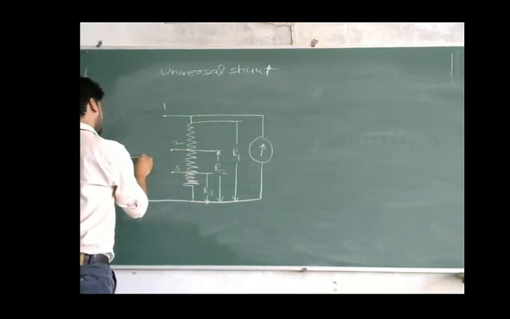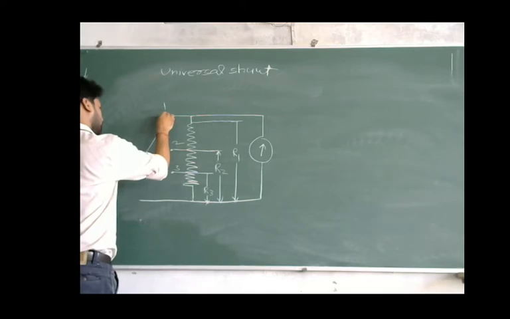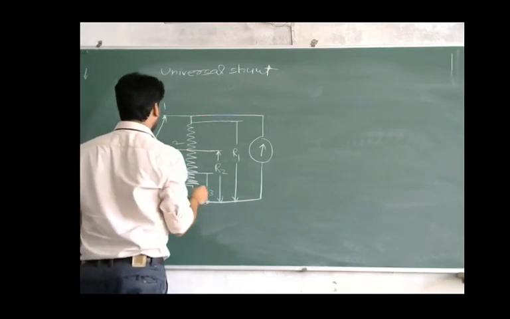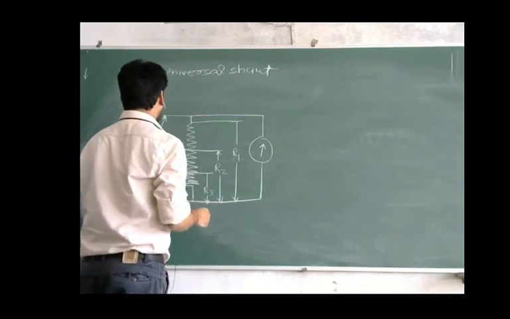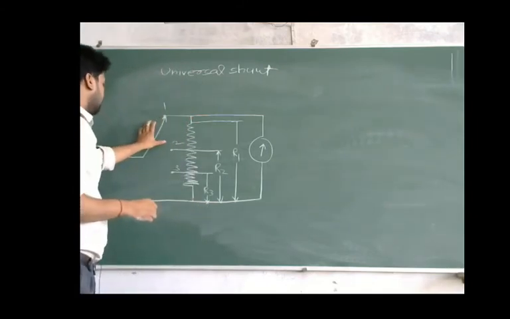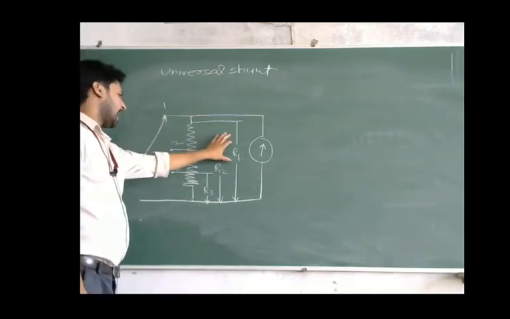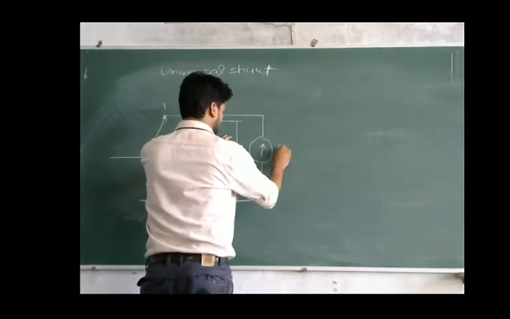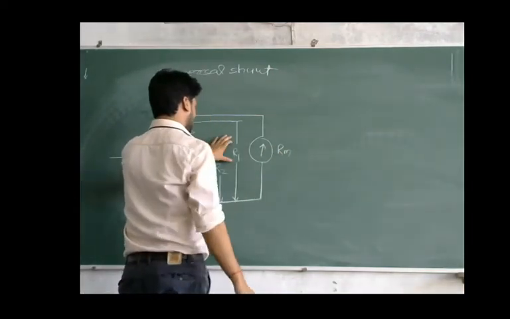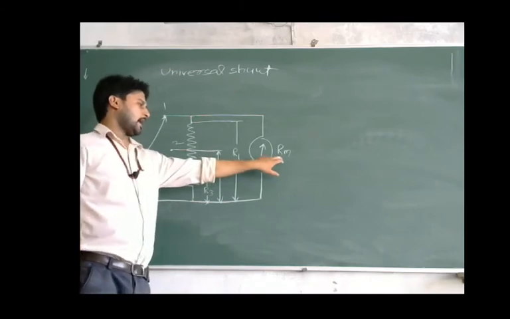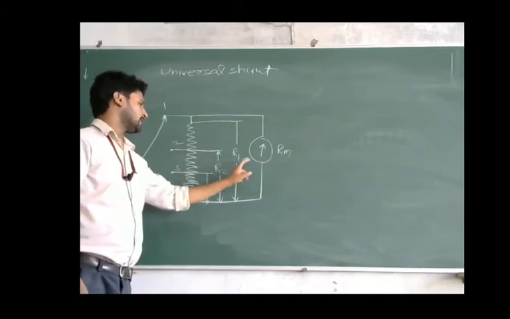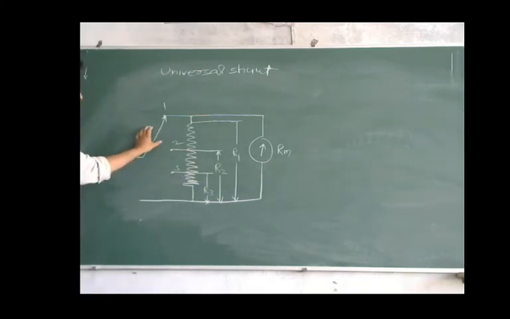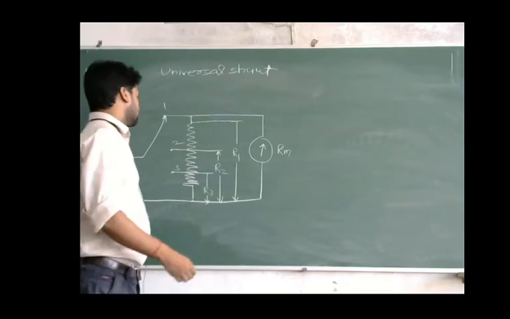The supply is connected to position 1. When this supply is connected to position 1, the total resistance R1 appears in parallel with the ammeter resistance Rm. Both resistances appear in parallel when the switch is connected to position 1. So we can write the equation for this moment.